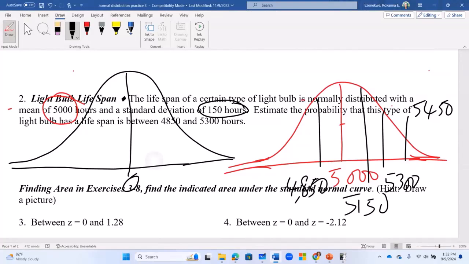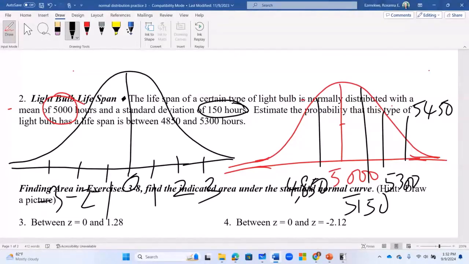One standard deviation above the mean, I already know is 5,150. I put 1 here. 5,300 is 2 standard deviations above the mean. 5,450 is 3 standard deviations above the mean. I complete it like this. Any place below the mean is negative.